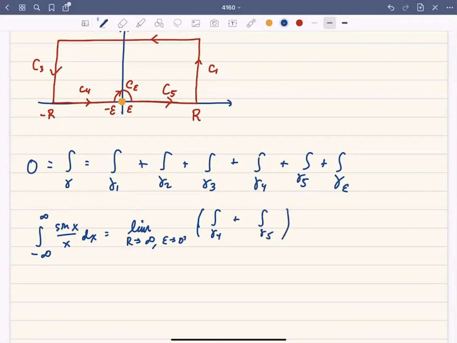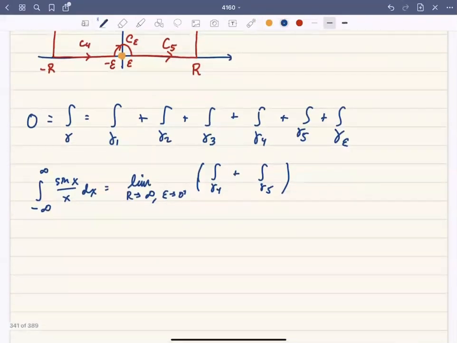We'll calculate those, and then that'll give us our value. If we can solve all the other integrals, then we can solve for the value that we're looking for based on the other terms. Okay, so that's our strategy.